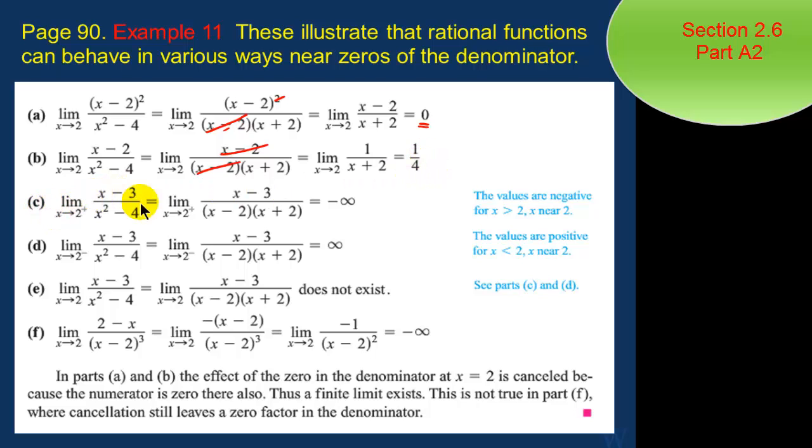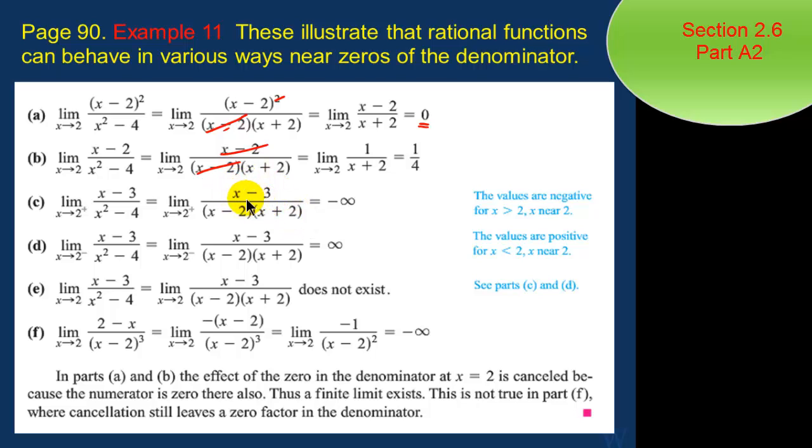Okay, what about letter C? We look at the limit as x approaches 2 from the right. Okay, how do we do that? Well, we will just examine the signs when we approach 2 from the right and find out whether the denominator is getting close to 0 in a positive way and what is the sign of the other quantity.